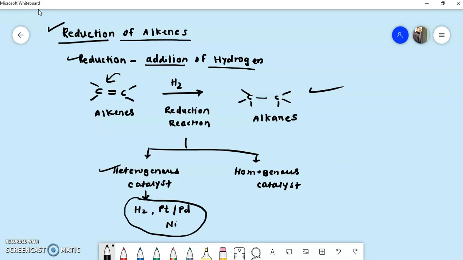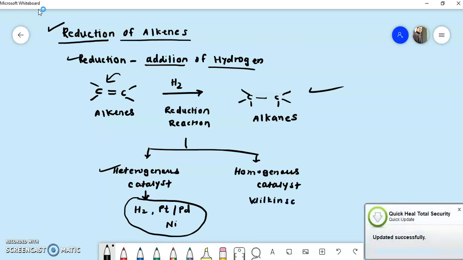Now a homogeneous catalyst can also be called chemical catalysis, and this is carried out in the presence of a soluble catalyst. Here the very famous catalyst used is Wilkinson catalyst. Now what is this Wilkinson catalyst?